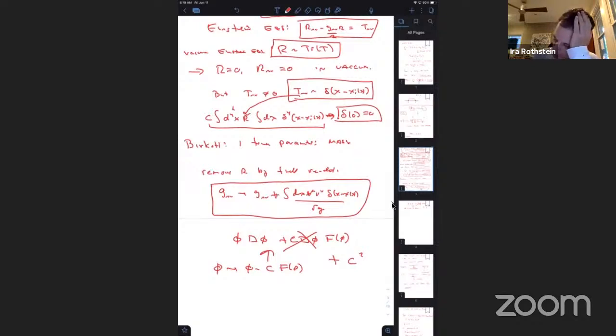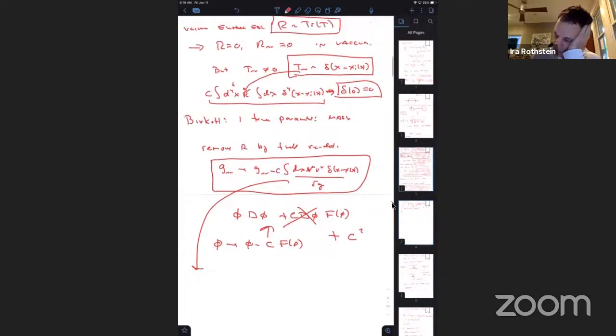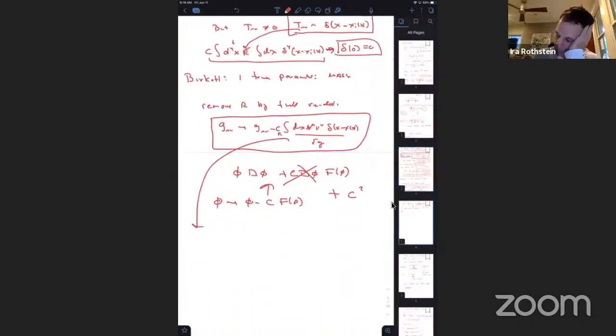So G goes to G plus this term that's a delta function. And you can sort of see why this is going to work, because once you plug this in, I guess there should be a minus sign, and there should be a C here. I think I called this coefficient C_R.